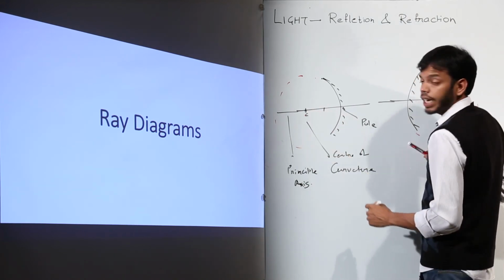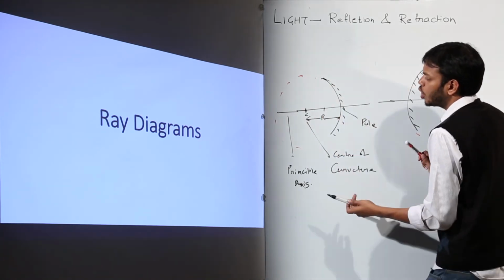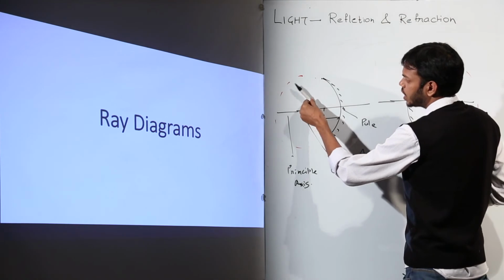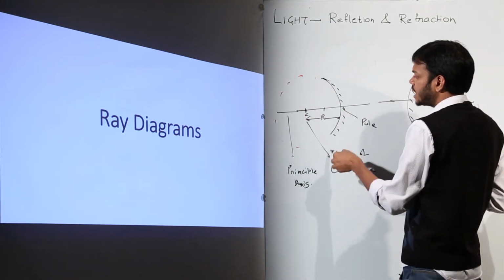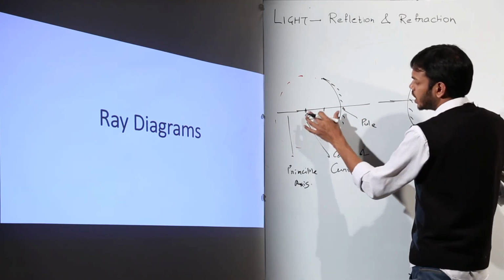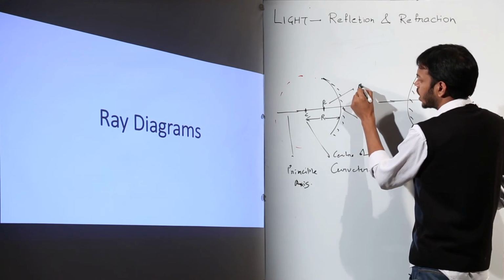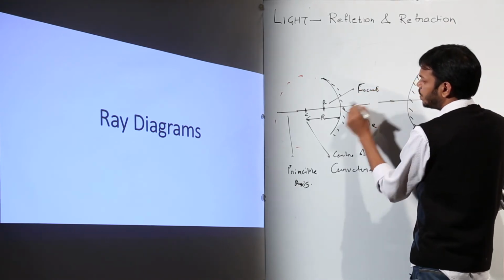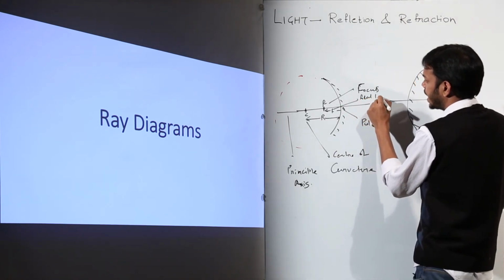If this point is the center of curvature, this distance would be the radius of curvature, because on this radius this whole spherical thing was made, and out of this whole spherical thing this mirror was carved out, right? Half of the radius of curvature is called the focus. So this much distance would be called the focal length.